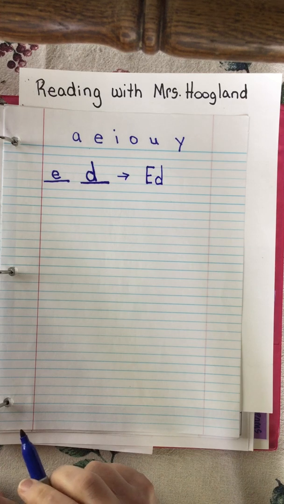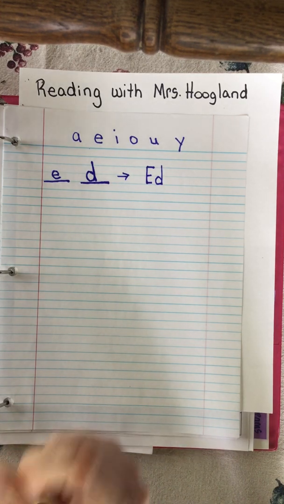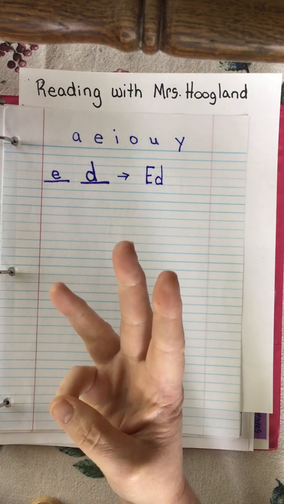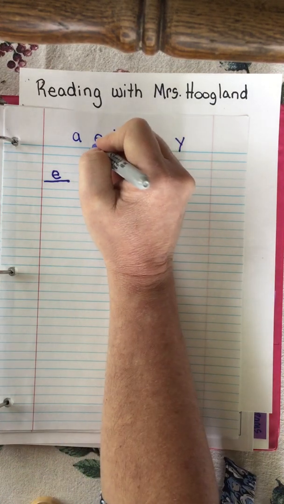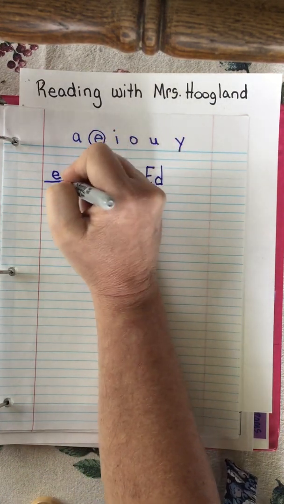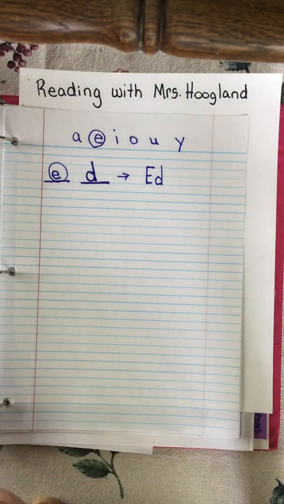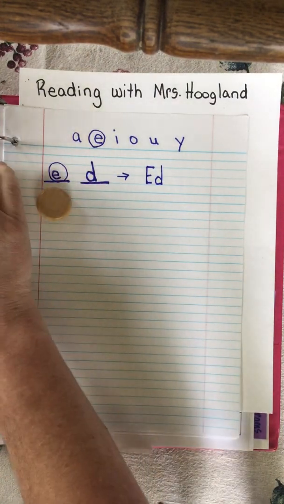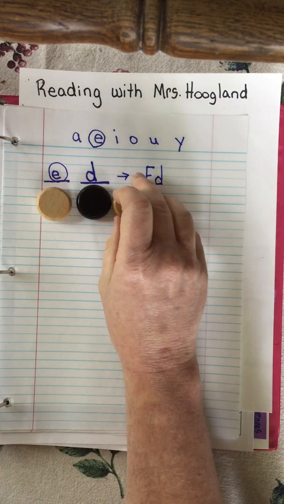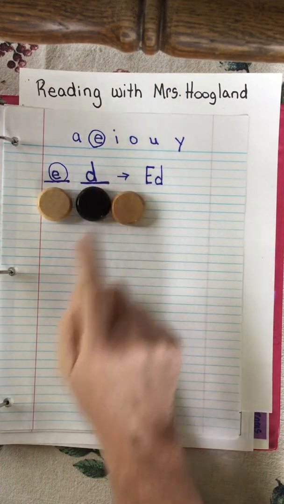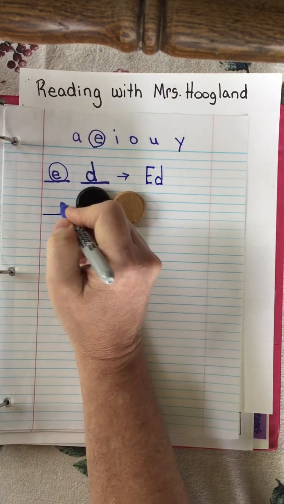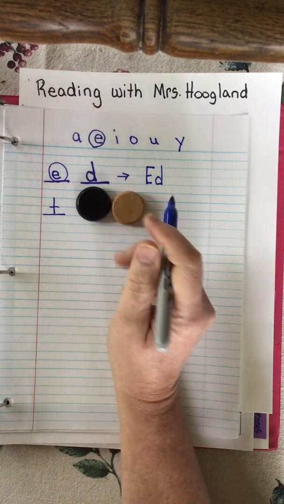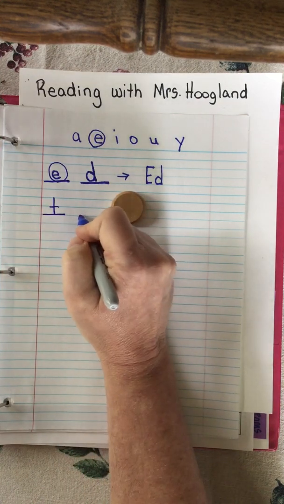All right, my next word is going to be Ted. How many sounds in Ted? Three sounds. T, ed. What sound do we hear in that word? What vowel? We hear the E in that one, okay? So we need a T. First sound in Ted is what? T. Next sound in Ted is what?